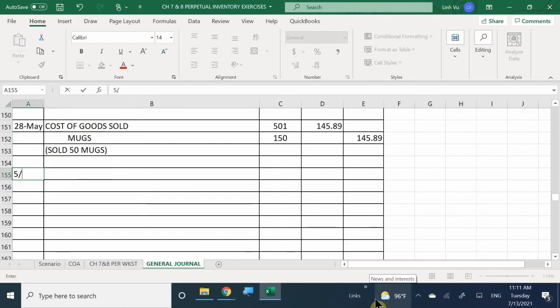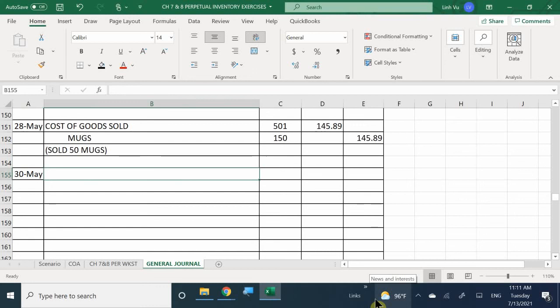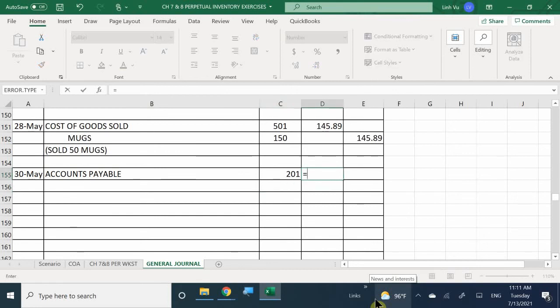So it is the 30th. Since we're paying off and reducing our liability, that's our first account that we're going to be recognizing right here: that we're paying off our accounts payable. Now let's go ahead and figure that amount.